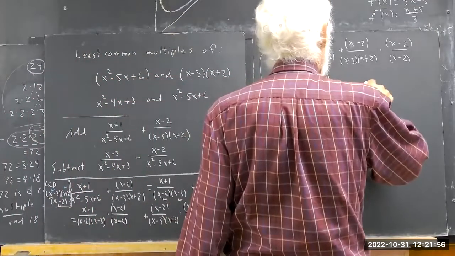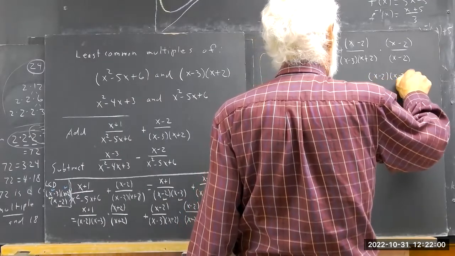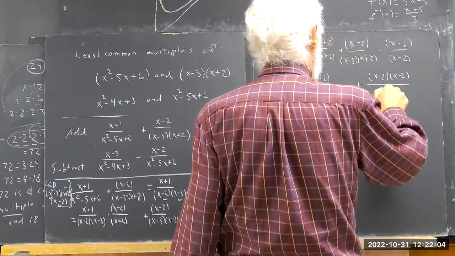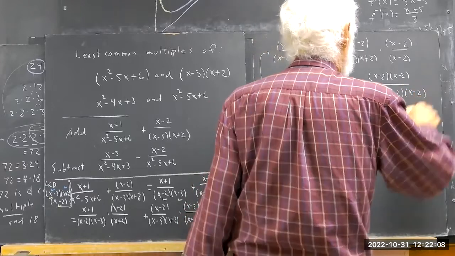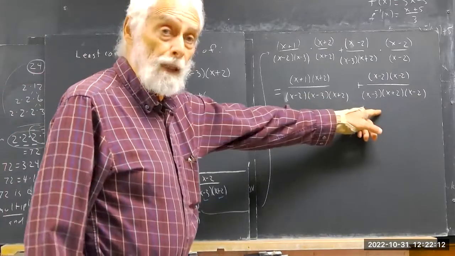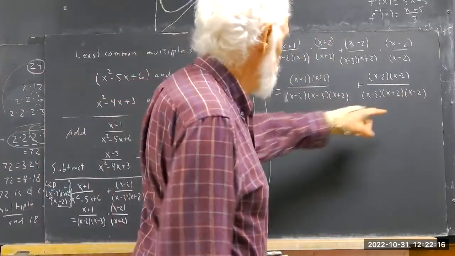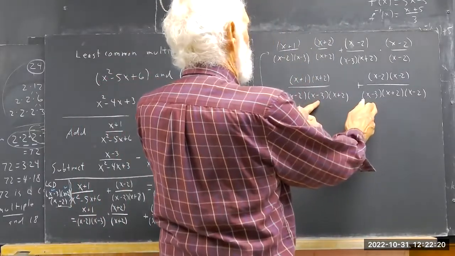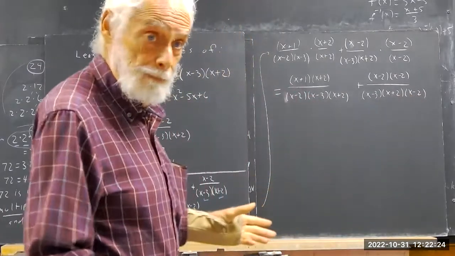And then we've got plus (x minus 2)(x minus 3) over (x minus 3)(x plus 2)(x minus 2). Same denominator. The factors are in different order here, but they're all the same. Okay, there's our x minus 3, there's our x plus 2, there's our x minus 2, and that's all we've got.